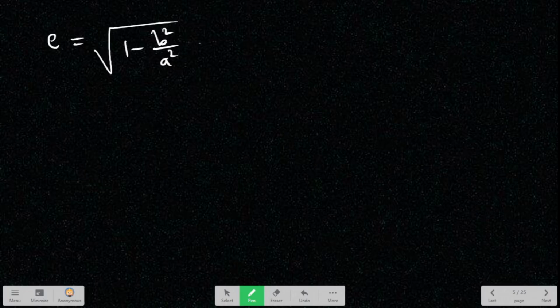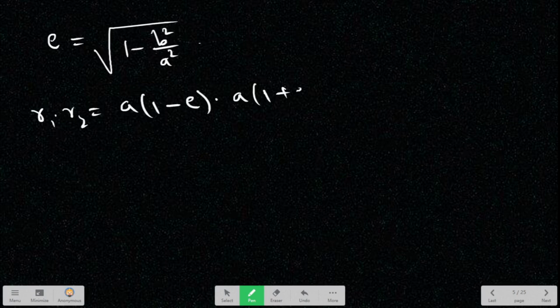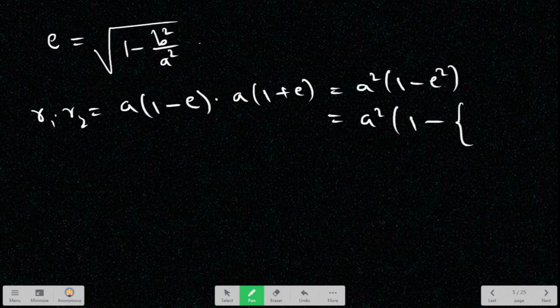Now let's calculate R1 into R2. R1 into R2 is equal to A into 1 minus E, into A into 1 plus E. So this is equal to A square into 1 minus E square, where E square is B square by A square subtracted from 1.